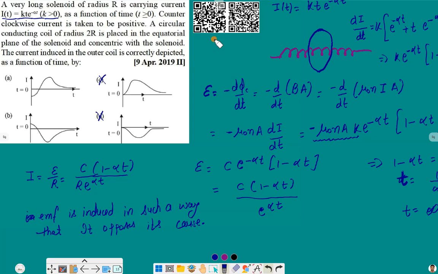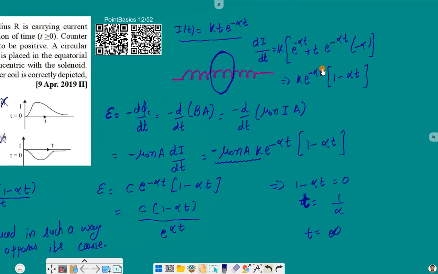And if the applied current in the solenoid is in the negative half, then the induced current in the solenoid will be in the positive half. So we will use this equation of the current to find out whether this current is increasing or decreasing, or whether it is positive or negative with respect to time.